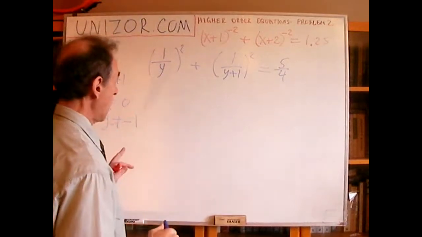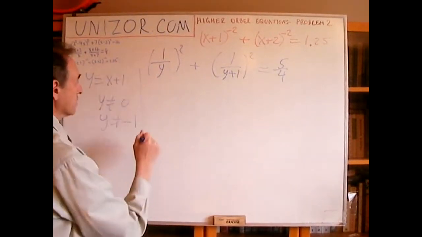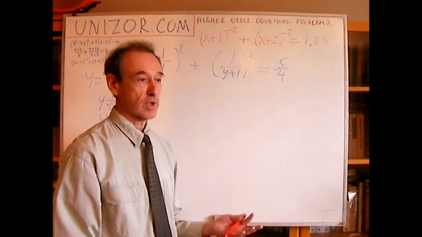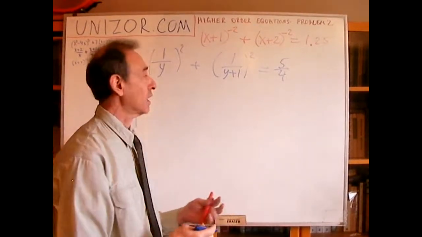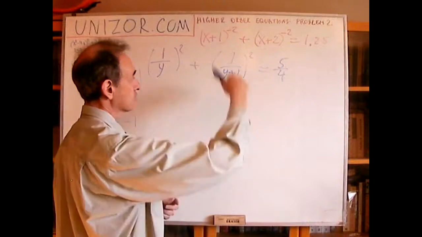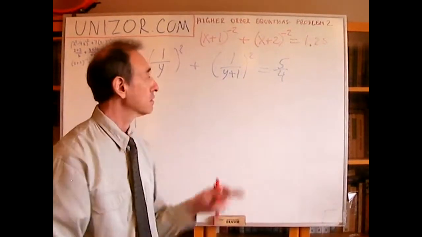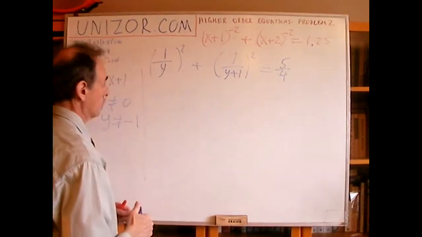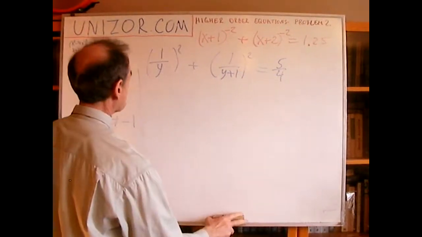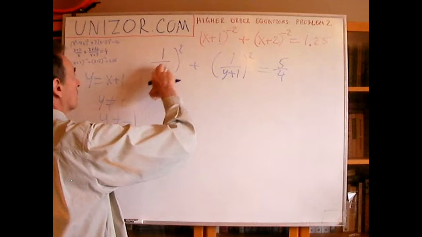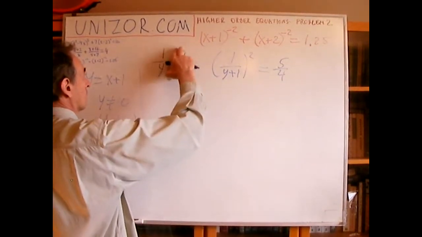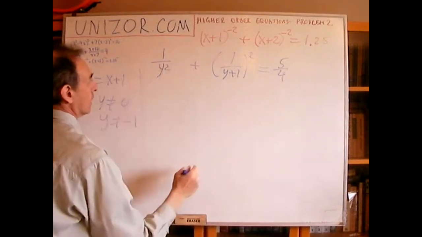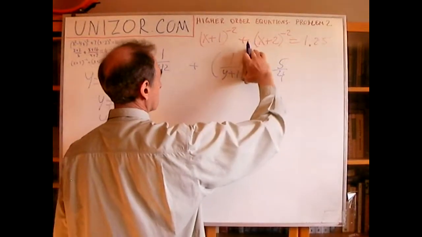Now, after I have restricted myself this way, let me just try to bring everything to the polynomial format. So I will bring everything to a common denominator, which is y squared times y plus 1 squared, right? I can always rewrite it using this, right? And same thing here.